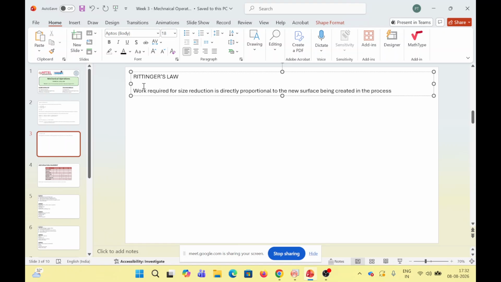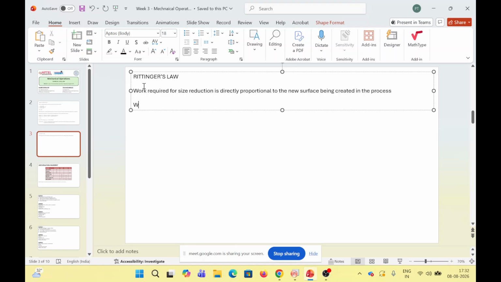Basically, the comminution or size reduction process is a process wherein new surface is generated, right? So that is how Rittinger's law is related. They try to relate the amount of work done for the size reduction to the new surface that is going to be created.